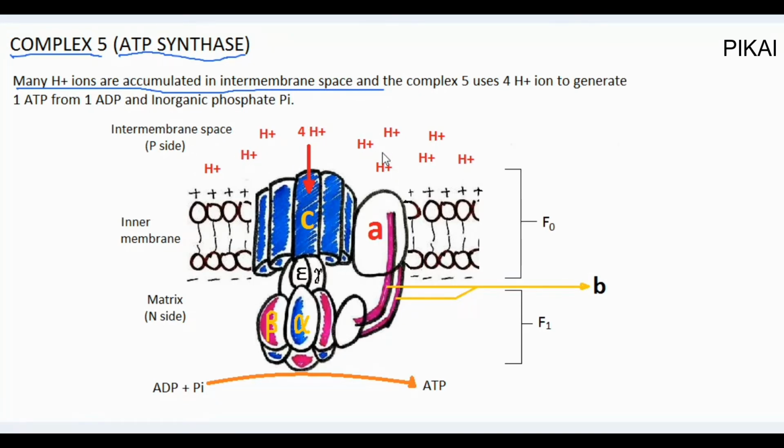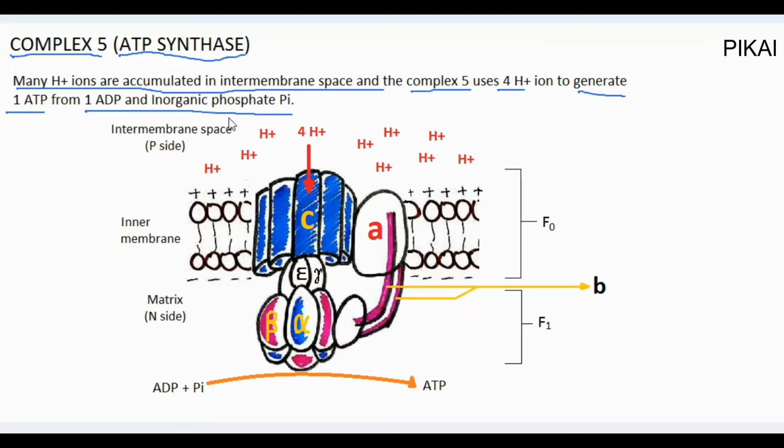There are a lot of hydrogen ions, as you can see, and complex 5, which is this whole complex, uses only 4 hydrogen ions to generate only one molecule of ATP from one ADP and one inorganic phosphate. So complex 5 uses 4 hydrogen ions to produce one ATP molecule.